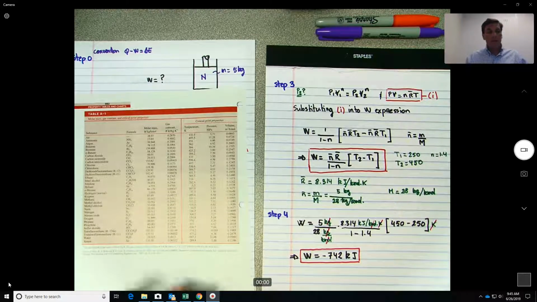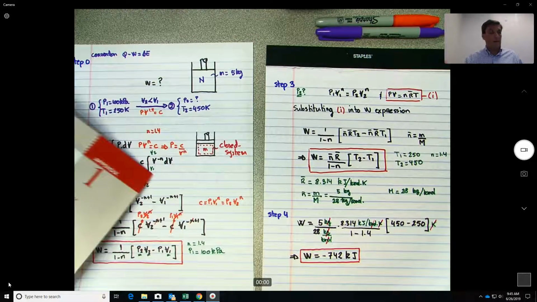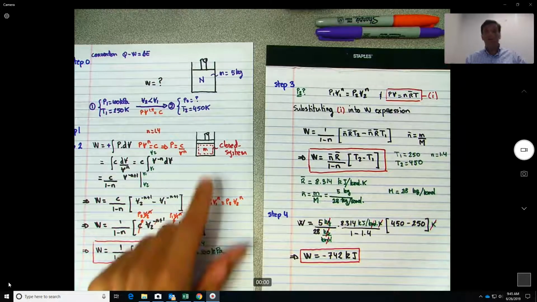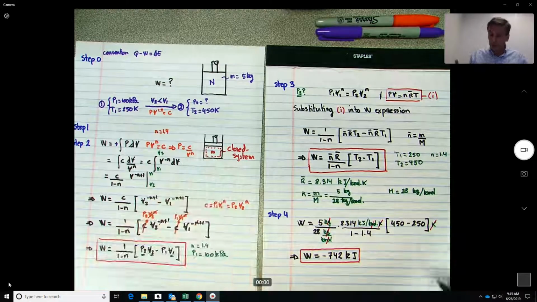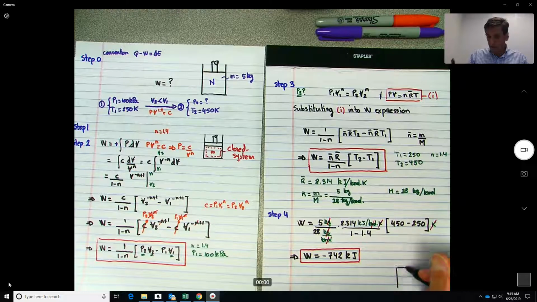Okay, so is that work done by the system or is work done on the system? So remember, we use this sign convention. For that sign convention, if this is our system, we know Q will be positive, negative, and now work coming out is positive, and work in is negative.